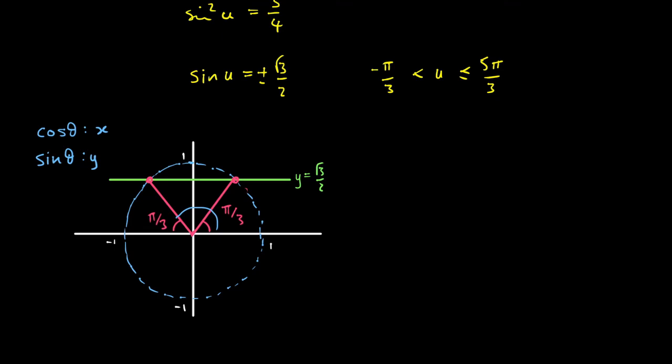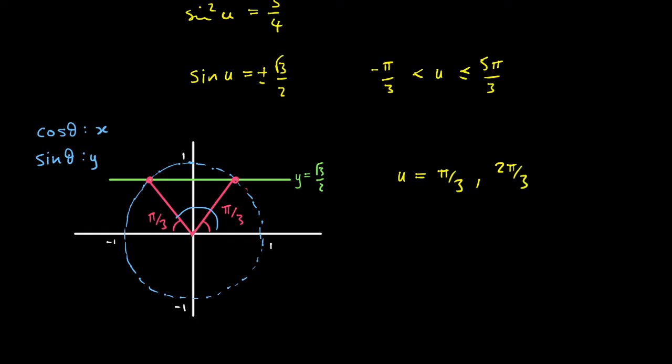So how can we find this blue angle? It's got to be pi radians minus pi by 3. Why? Because the angle that takes us from here is pi, and then we go back pi by 3, so we're subtracting pi by 3. So we have solutions for u, which are pi by 3 and pi minus pi by 3, which is 2 pi upon 3.